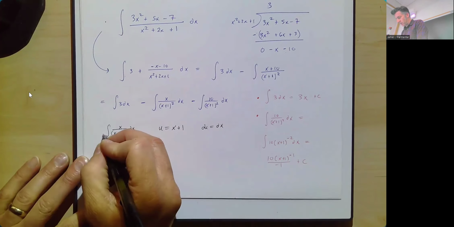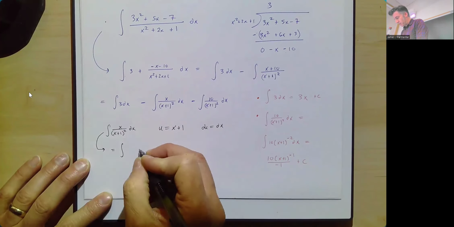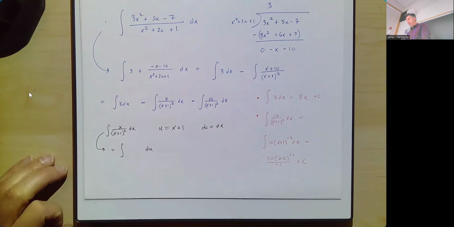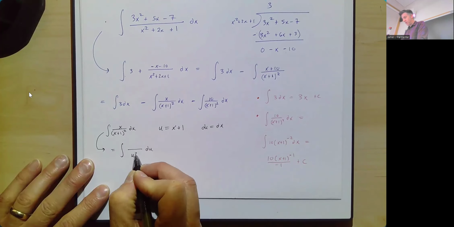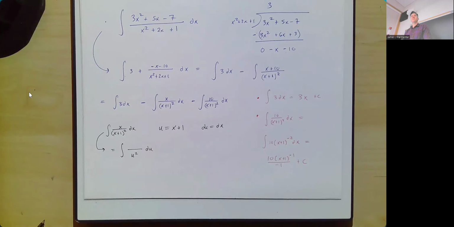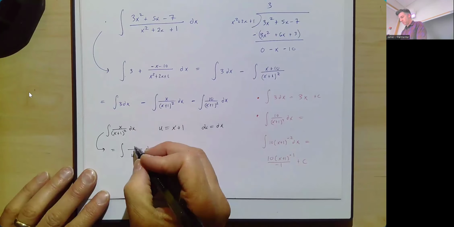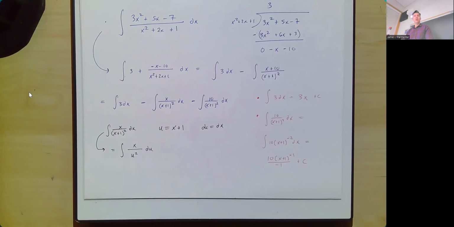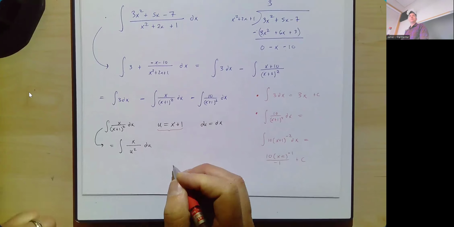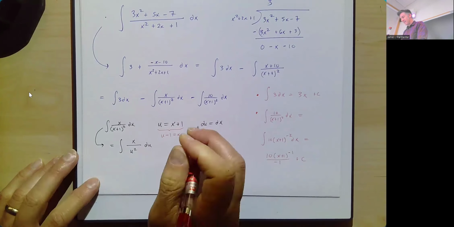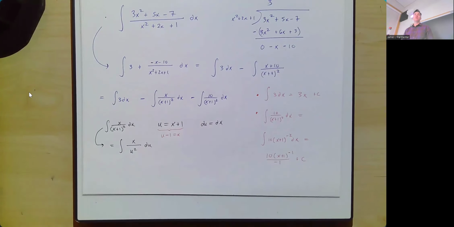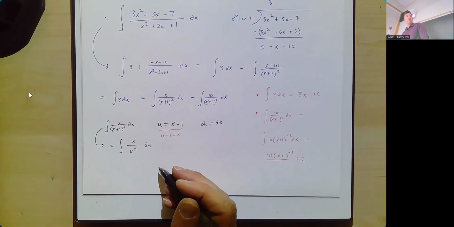So when I start rewriting this, dx becomes du, and the x plus 1 squared in the denominator is going to be u squared. And then I still have an x left over in the numerator, which is problematic. I don't want x's and u's. So what do? I solve for x. I say, oh, u minus 1 is equal to x, and I do what's called a back substitution. Any leftover x's, you solve for x and substitute back in for them.